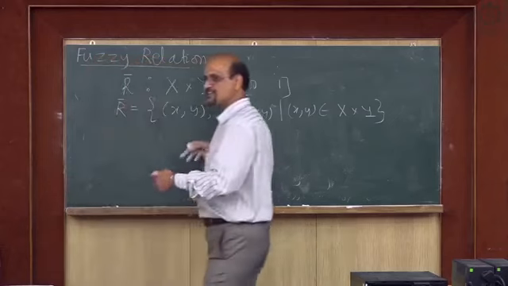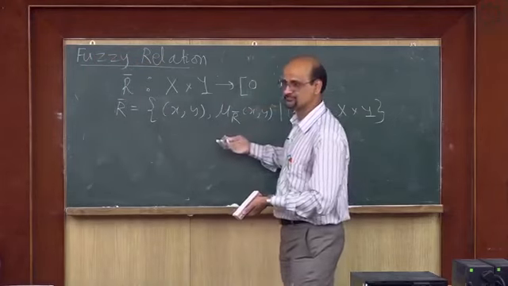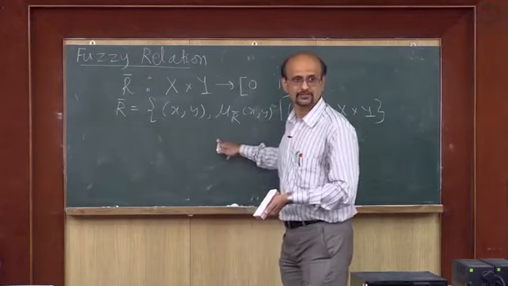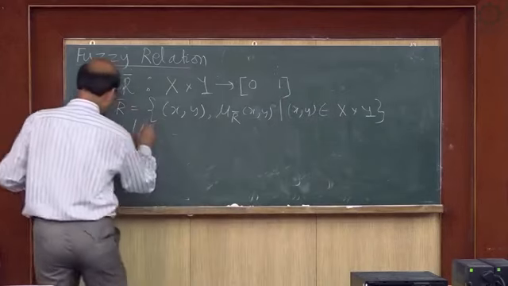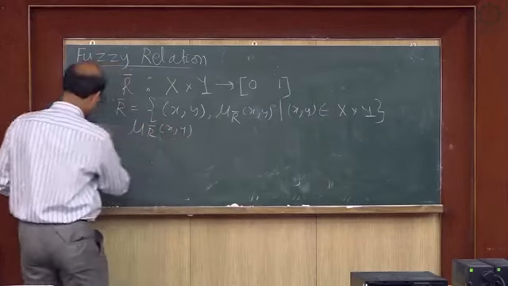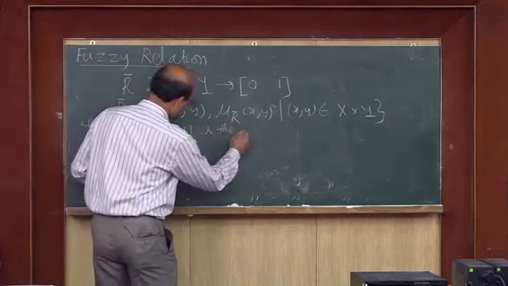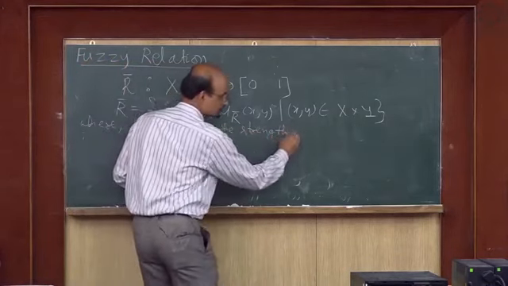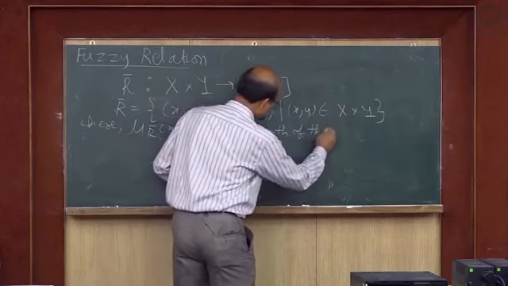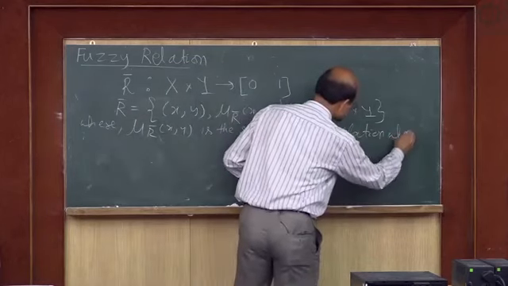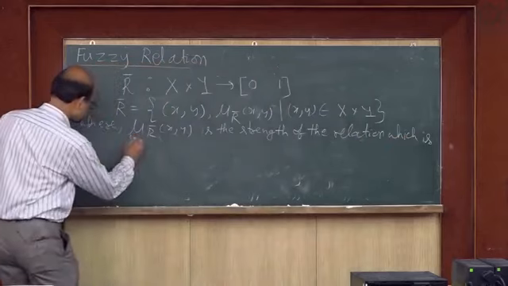Actually, this says the strength of the relation. So, mu_R bar(x, y) is the strength of the relation, which is the membership function.